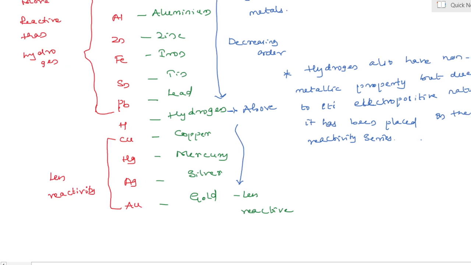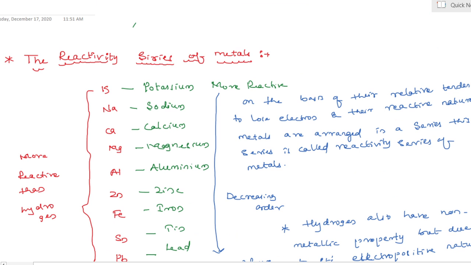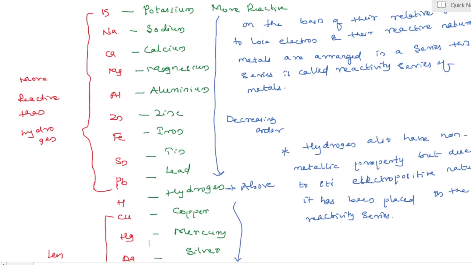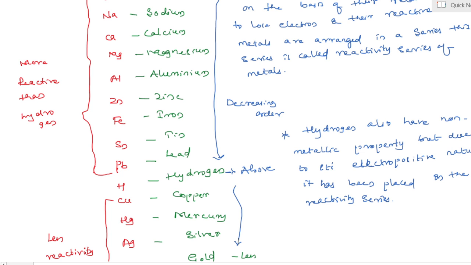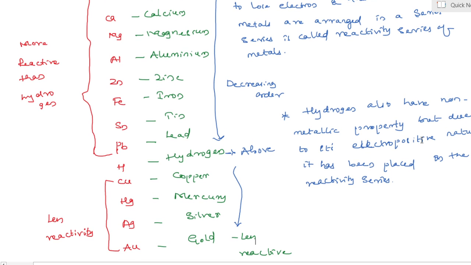All of you already know, electropositive metals are termed as what? Electropositive. And non-metals are said to be what? Electronegative ions. But hydrogen has non-metallic property, but it has an electropositive nature. That's why it is placed in the reactivity series.